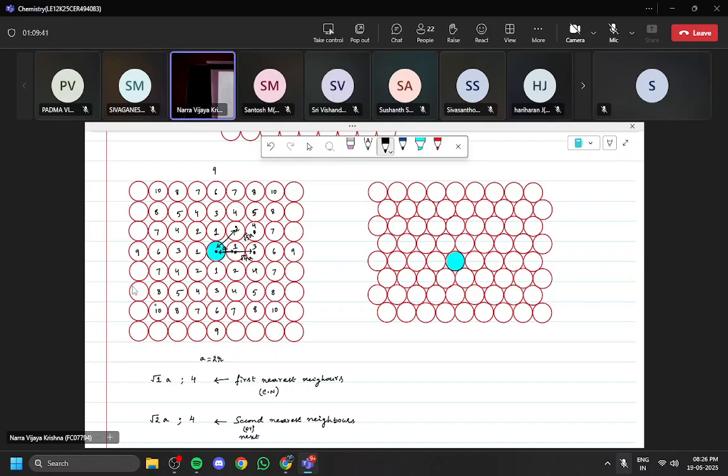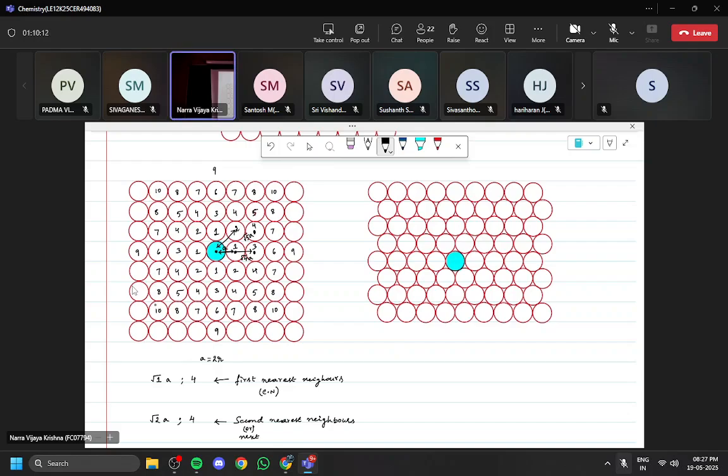But have you observed some pattern? Root 1a, root 2a, root 3a is mixing. You will find root 3a when you keep another layer. When you come to 3 dimension, you will find root 3a also. Root 4a you found. Root 5a you found. Root 6a comes in 3D. Root 7a, root 8a, you will find in 3D.